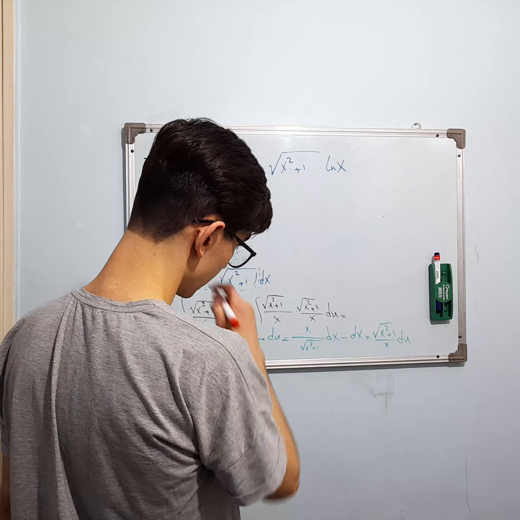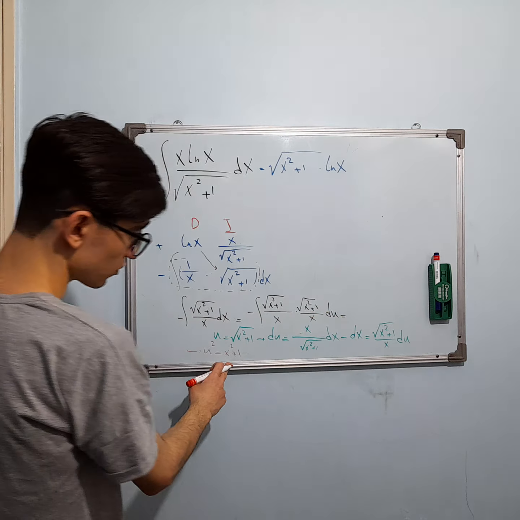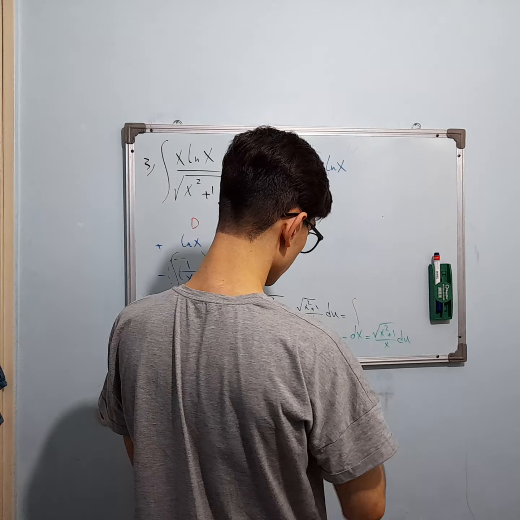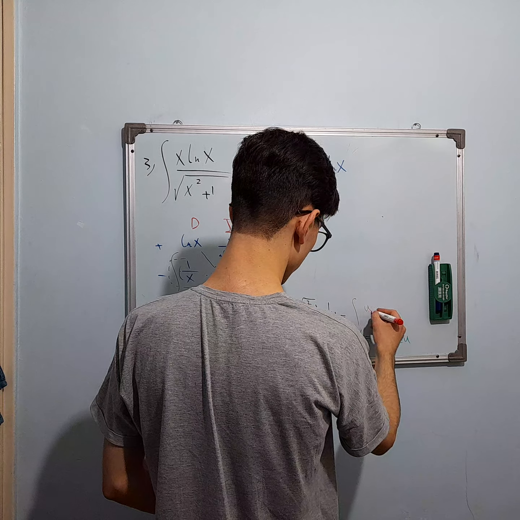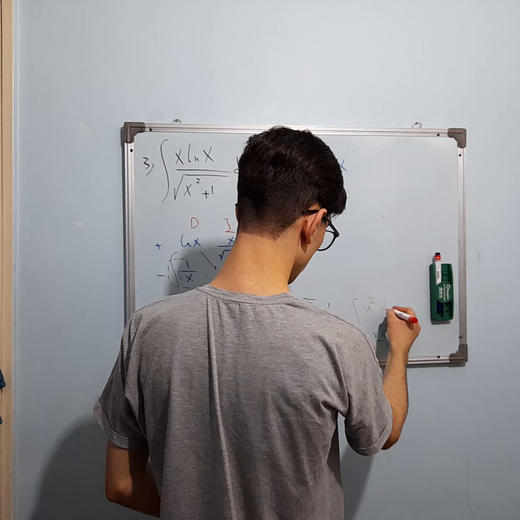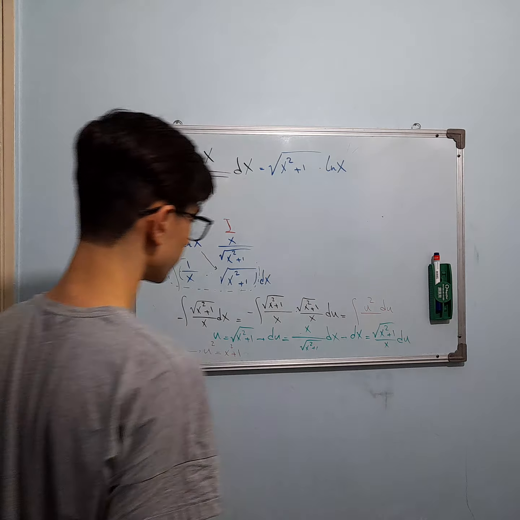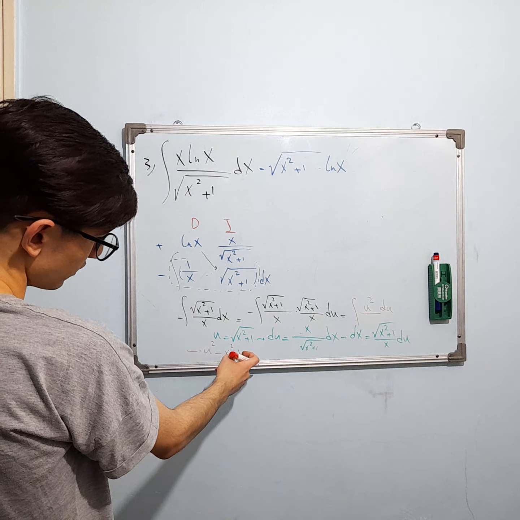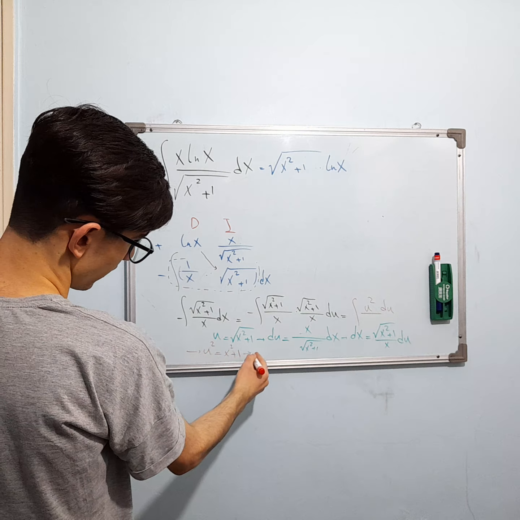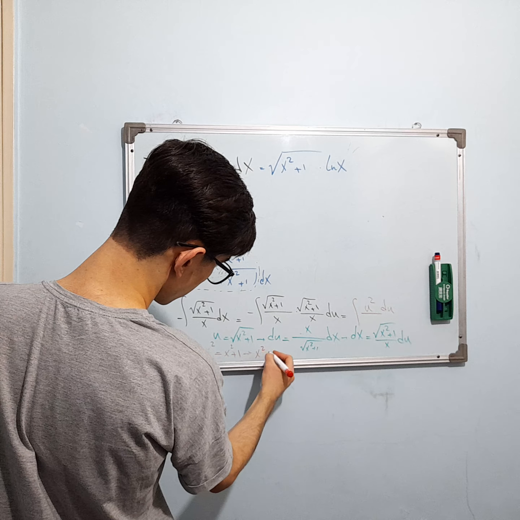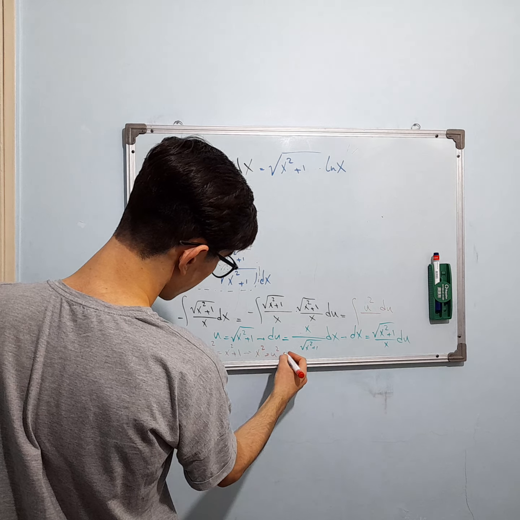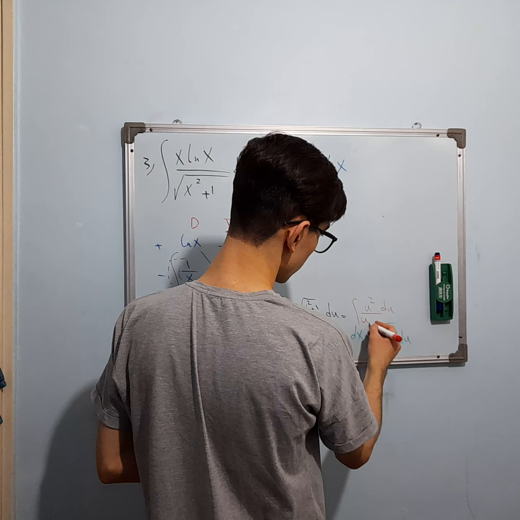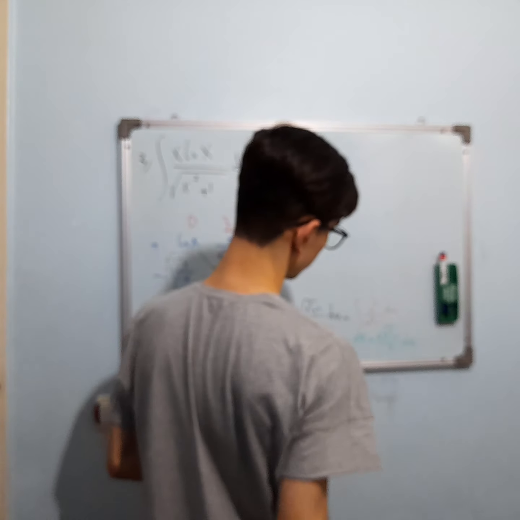So x squared is u squared minus 1, and we get u squared du over u squared minus 1.